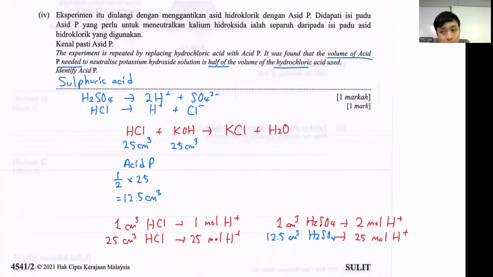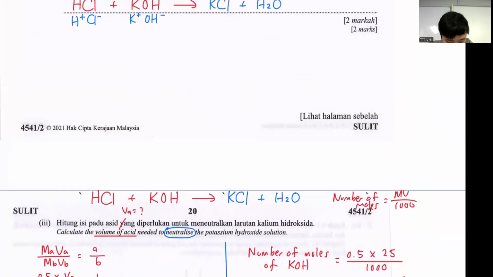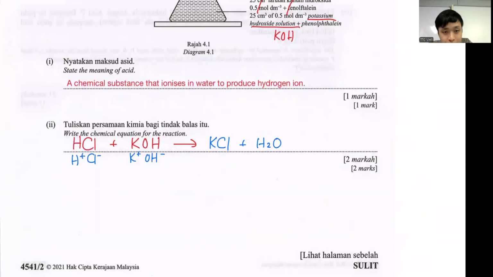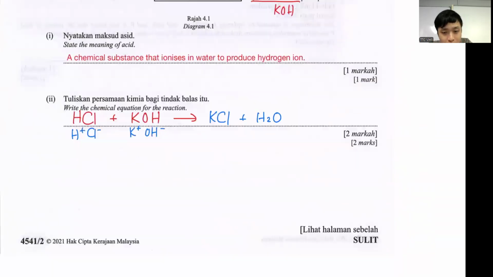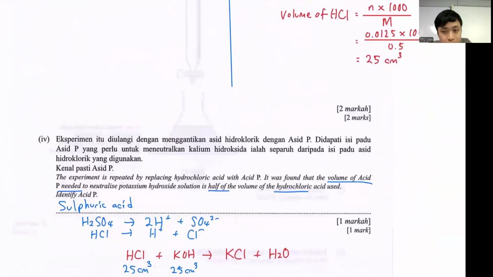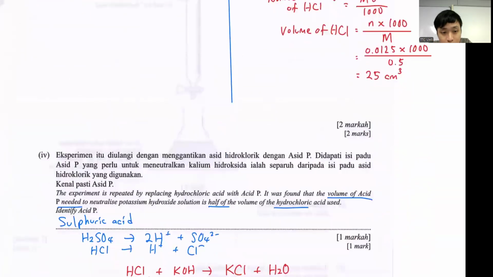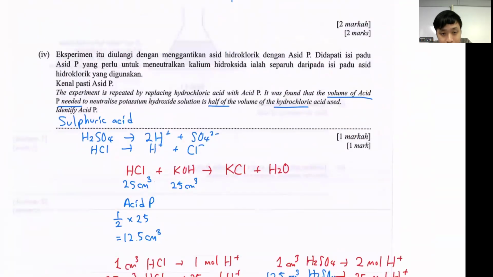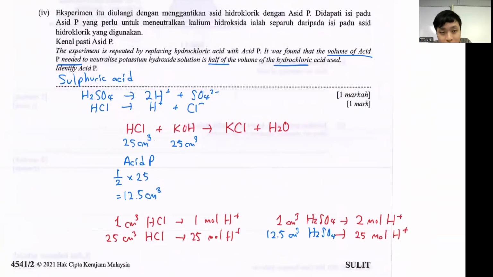I understand the chemical equation, I just don't understand the calculation. This one, for H2SO4. The sulfuric acid. I don't understand why sulfuric acid. It is a diprotic acid.